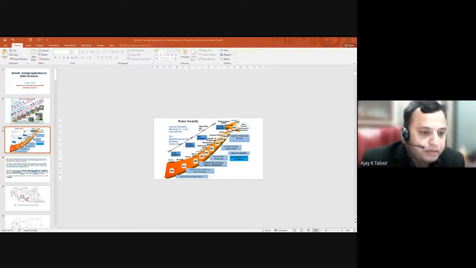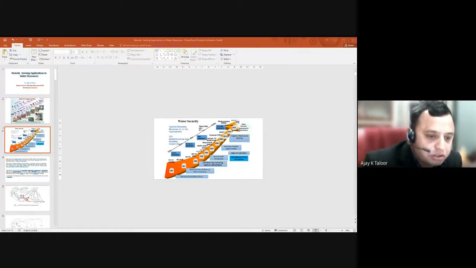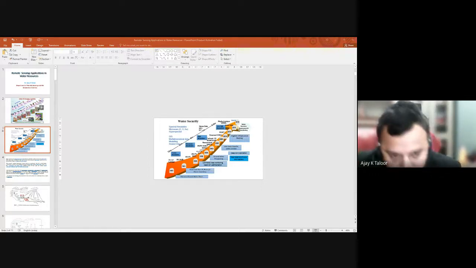With the passage of time, command area monitoring and reservoir sedimentation, then groundwater prospecting, mass balance studies, deep sea explorations, irrigation infrastructure, and nowadays water resource assessment and monitoring. So all these things, from groundwater potential zonation to water resources assessment, management, and monitoring, we are still doing using remote sensing data.